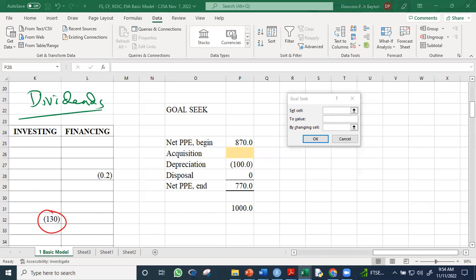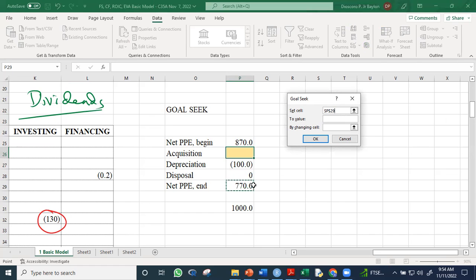What do we want to set? Okay, thank you, Christine. Yes, we want to set PPE end, because our PPE end is not correct. So what we want to do is set cell, set this one.